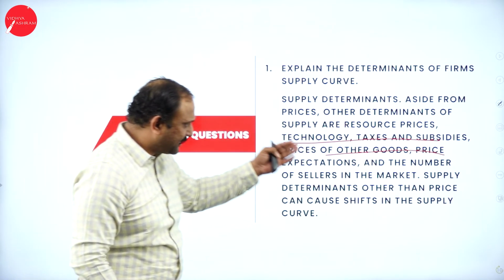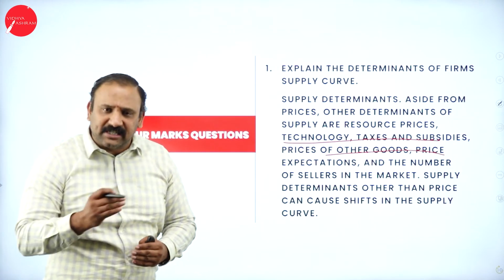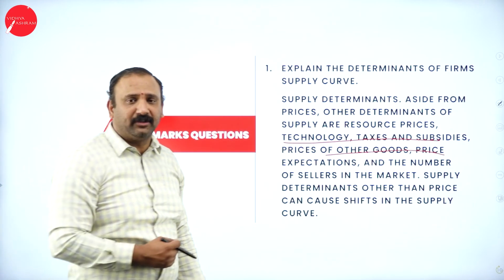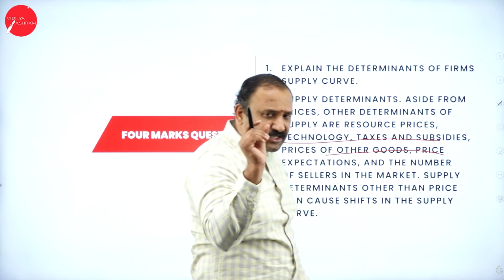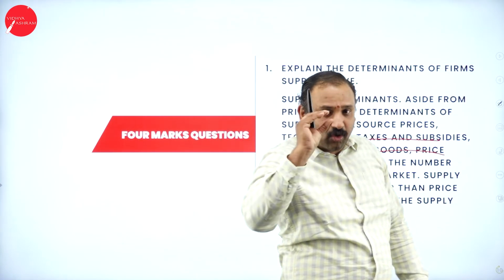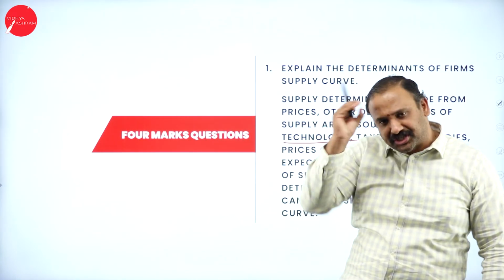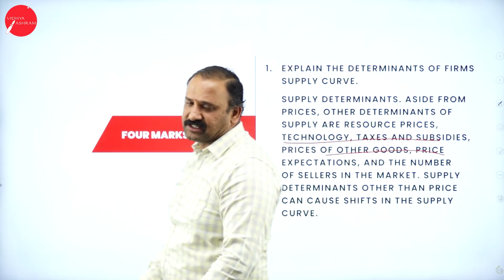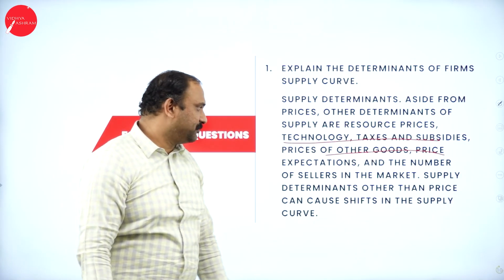We are also talking about taxes, subsidies, and the substitute goods, prices of other goods. So if there's going to be a change, if there's going to be a shift happening there, automatically the supply will also get disturbed altogether.